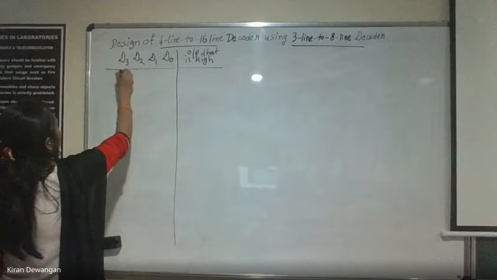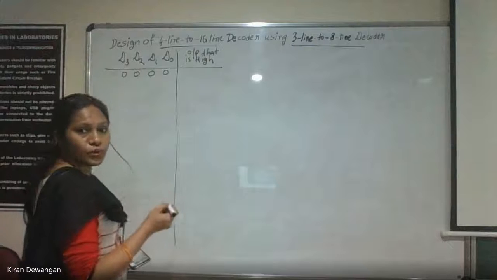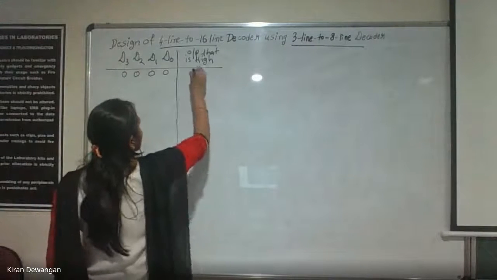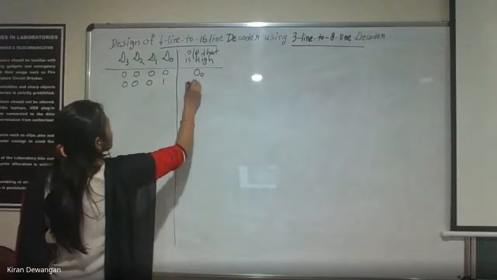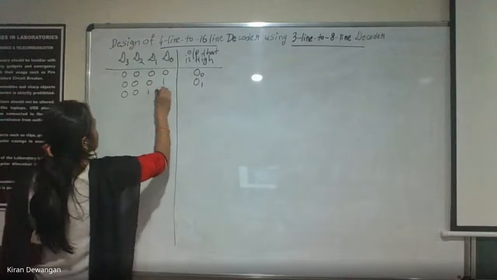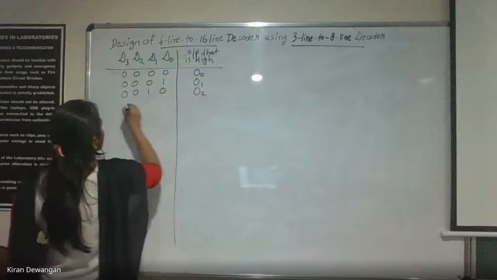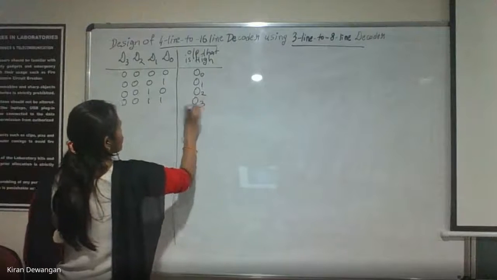So when we are giving 0, 0, 0, 0, the output that goes high will be O0. For 0, 0, 0, 1, it is O1. For 0, 0, 1, 0, it's O2. For 0, 0, 1, 1, it's O3.